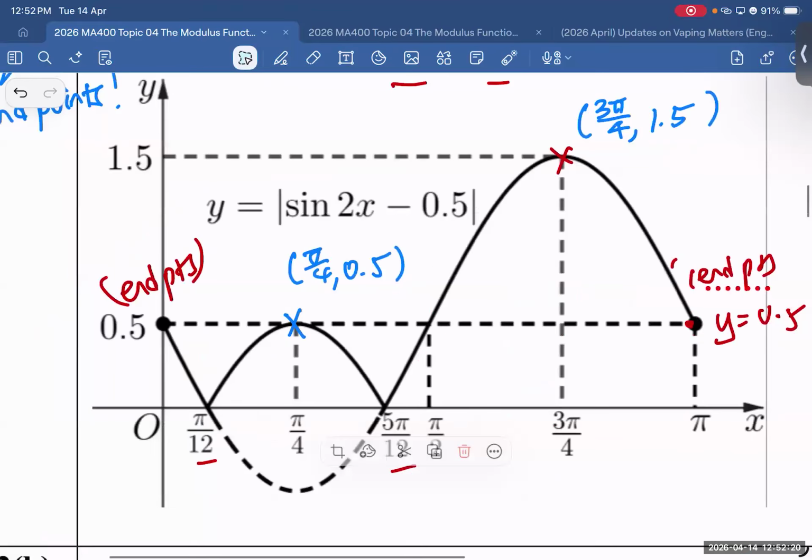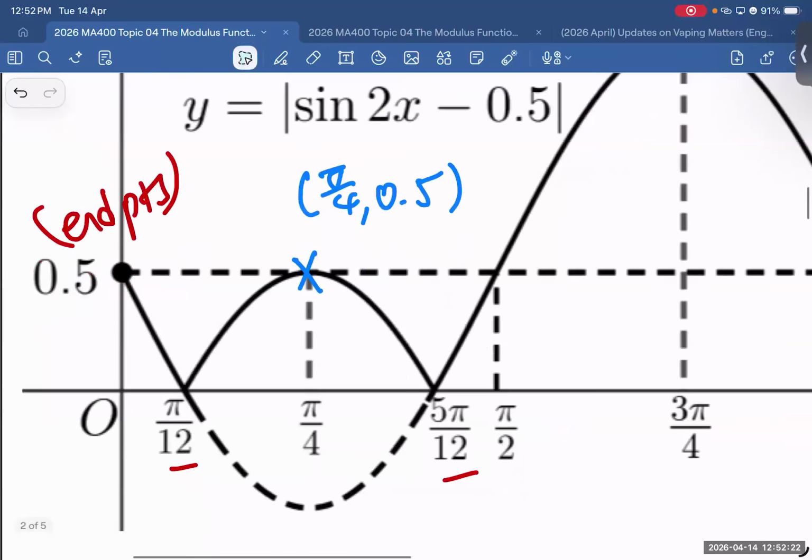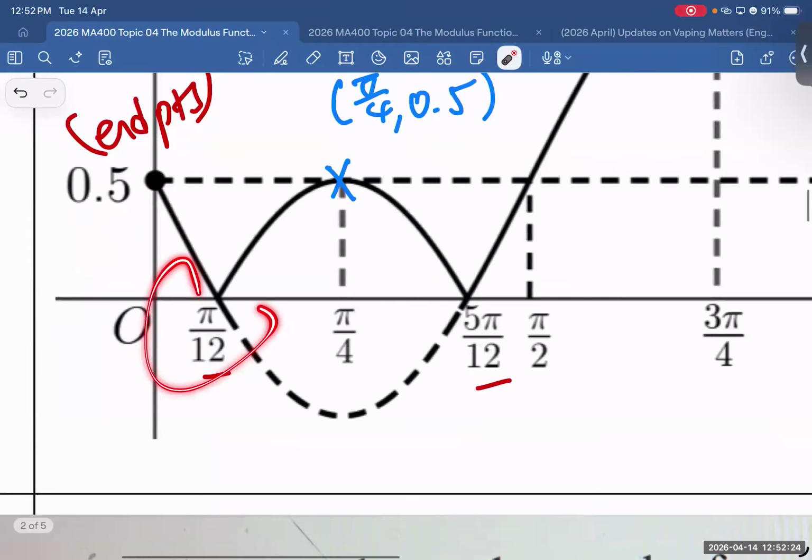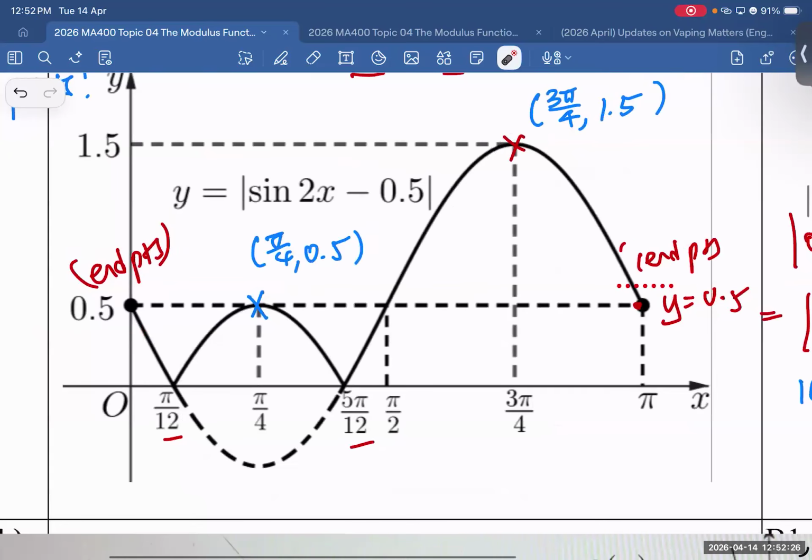Some of you will ask, do I put the coordinate or just pi over 12? If you are in doubt, just put the coordinate. I need your graph to be as detailed as this. You either put the coordinate or you put the dotted line.